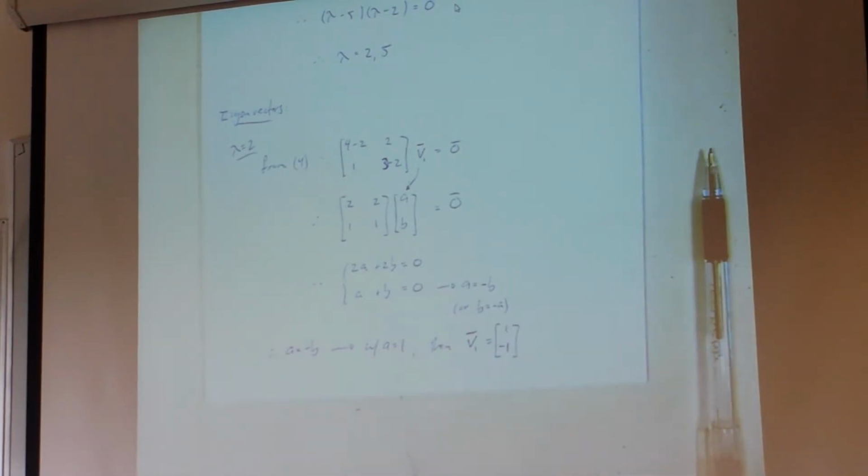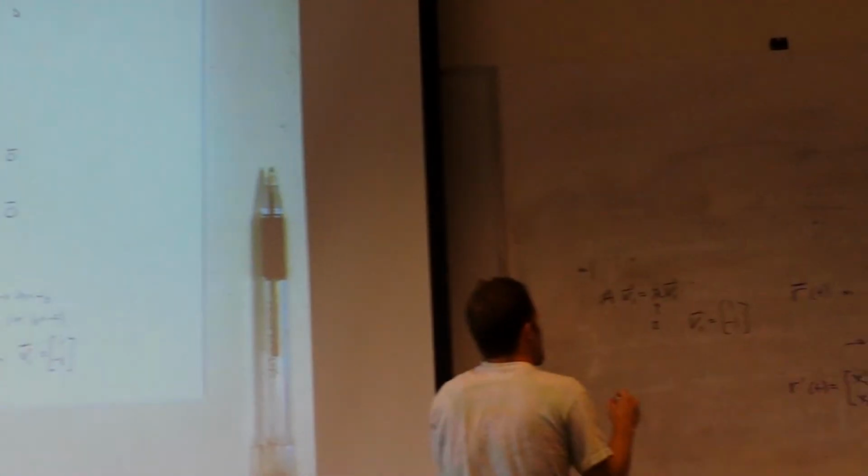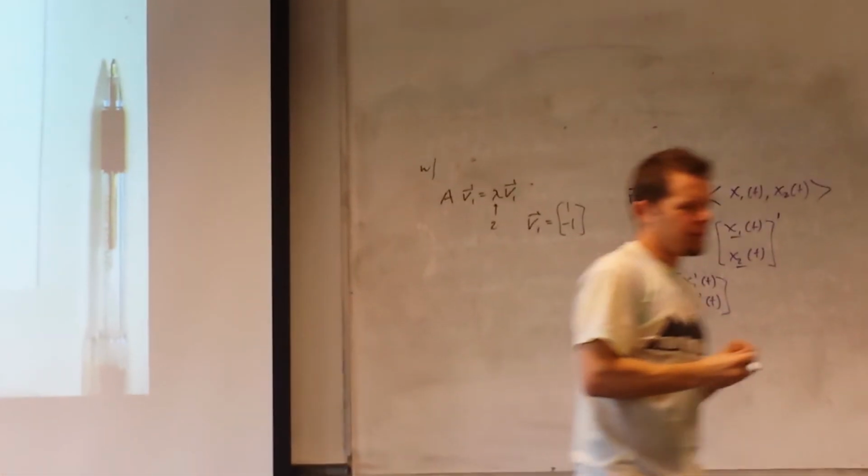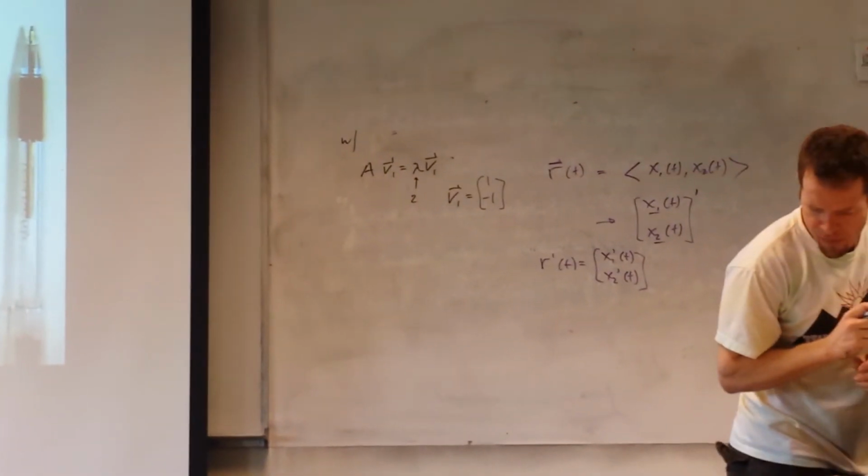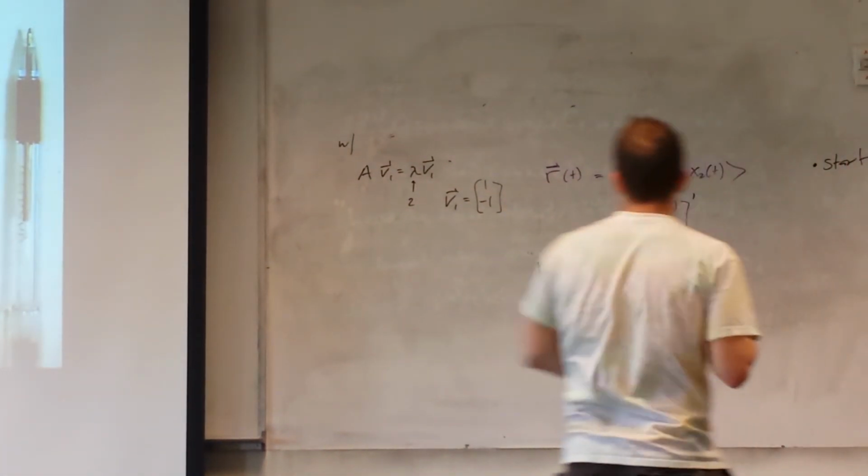All right. So one thing you could do is check that that's true, and I'm just going to do this on the sideboard. Lambda was 2, and V1 was 1, negative 1. So check this out. What was our original matrix A? 4, 2, 1, 3.